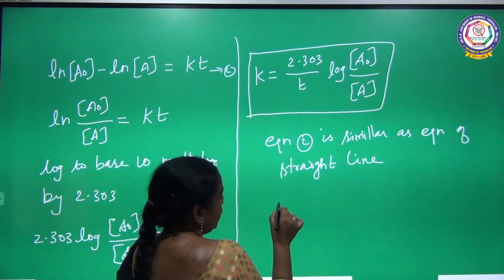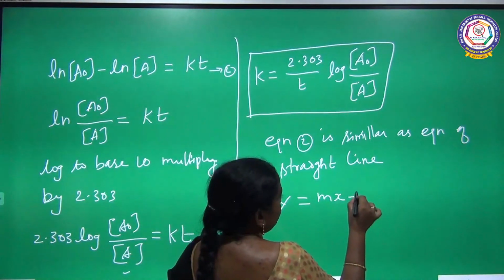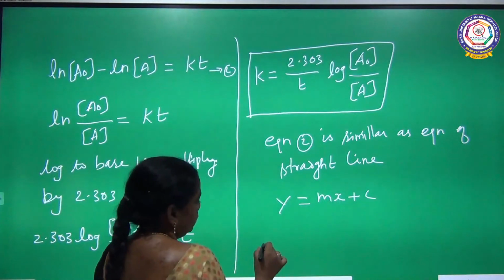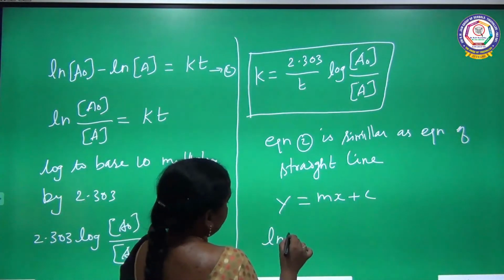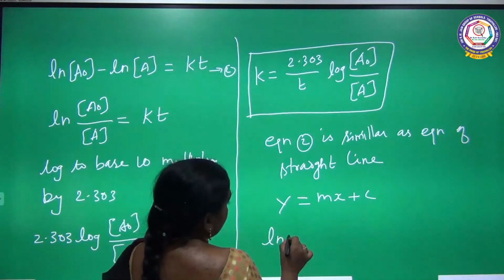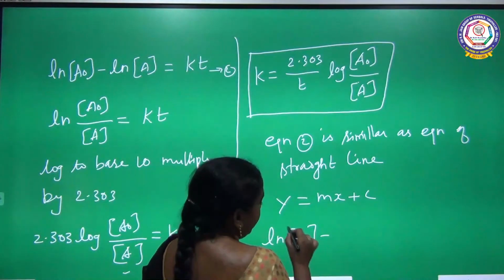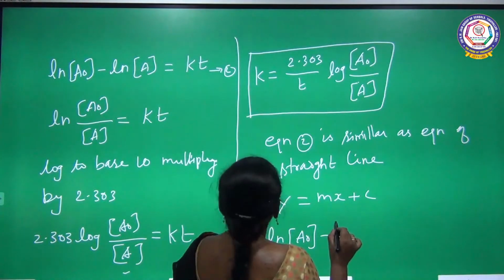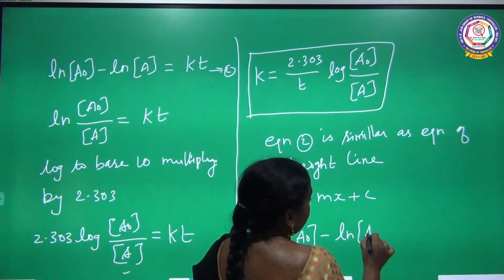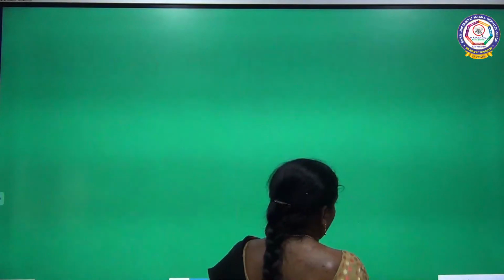The equation of a straight line is y equal to mx plus c. So now you write ln A0 minus ln concentration of A equal to Kt.